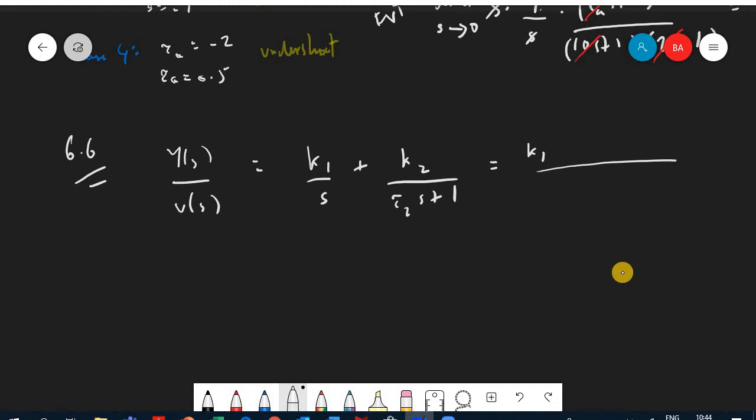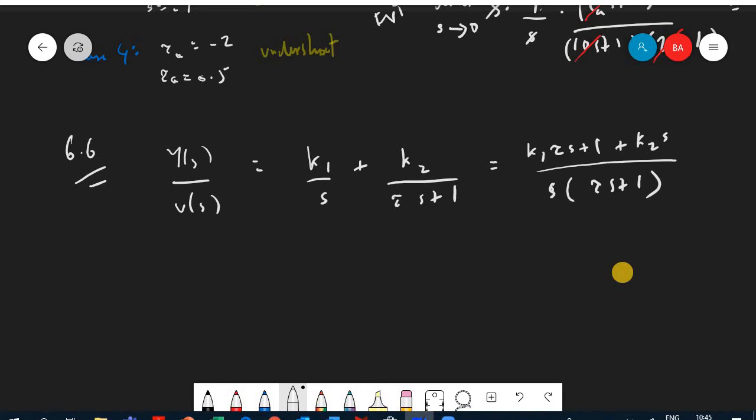Instead of saying tau1 and tau2, I just have only one tau, so I'll just put it as tau. So this will be k1 tau s plus k1, plus k2 s. So k1 (tau s plus 1) plus k2 s, divided by s times (tau s plus 1).